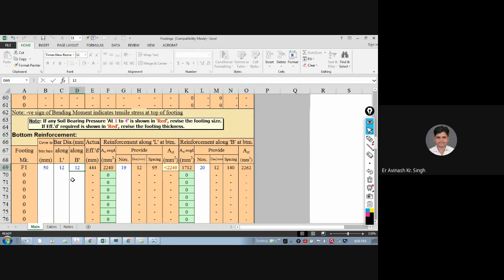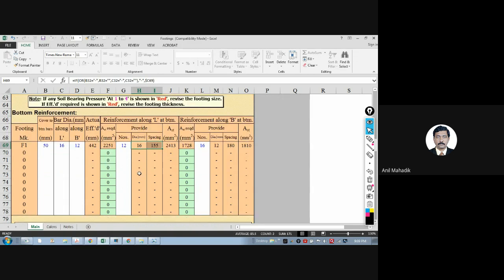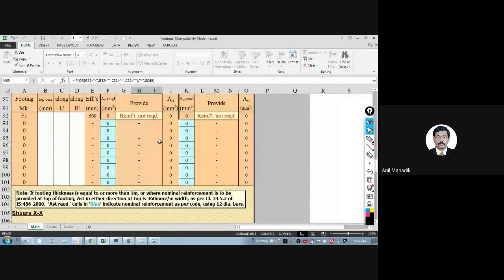The spacing has reduced. With 19 the spacing reduced, so we will take 16. 12 mm with 180 spacing, 16 mm with 155 spacing. Go down. Top not required.